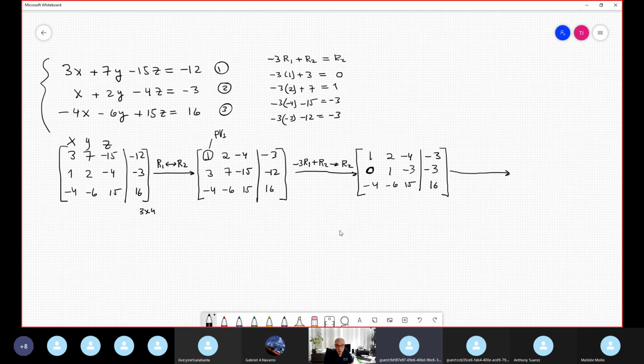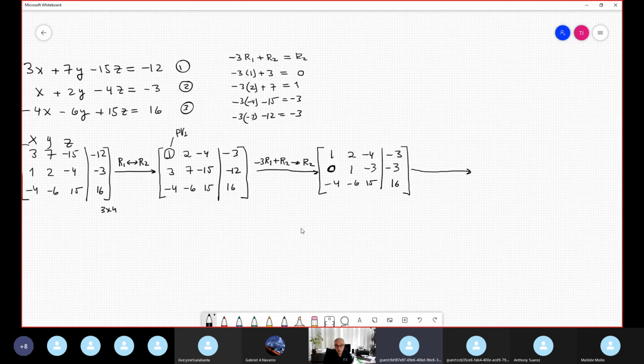So, who can do that? What is the operation you need to apply to create 0 here in the third row and the last number of the first column? What is the factor? No idea.